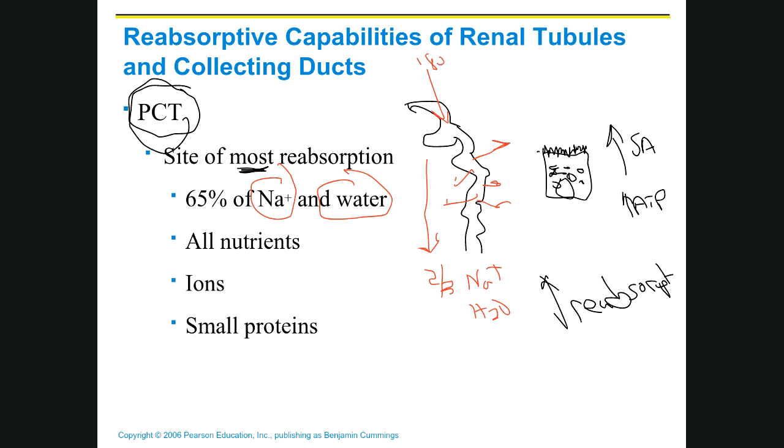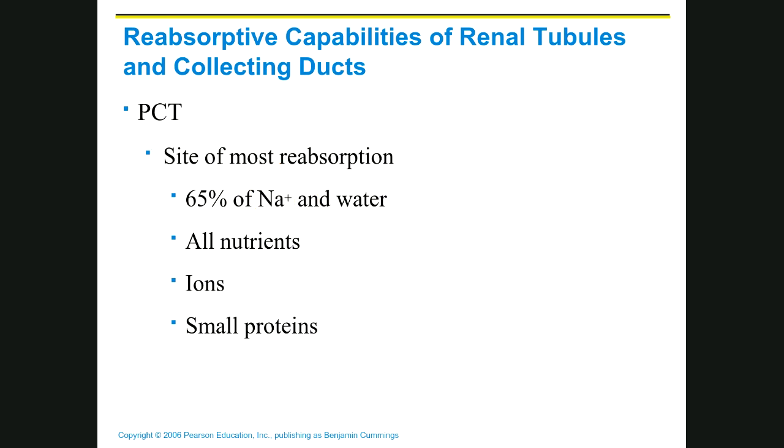Well, I reabsorbed 2/3 of it, which means that about 120 liters goes back into the blood automatically right here. Now about 2/3 of the sodium is going to go back into the blood. Not only are we going to absorb sodium and water, but we're also going to reabsorb the nutrients. So remember, anything that can go through the filter based on size will.